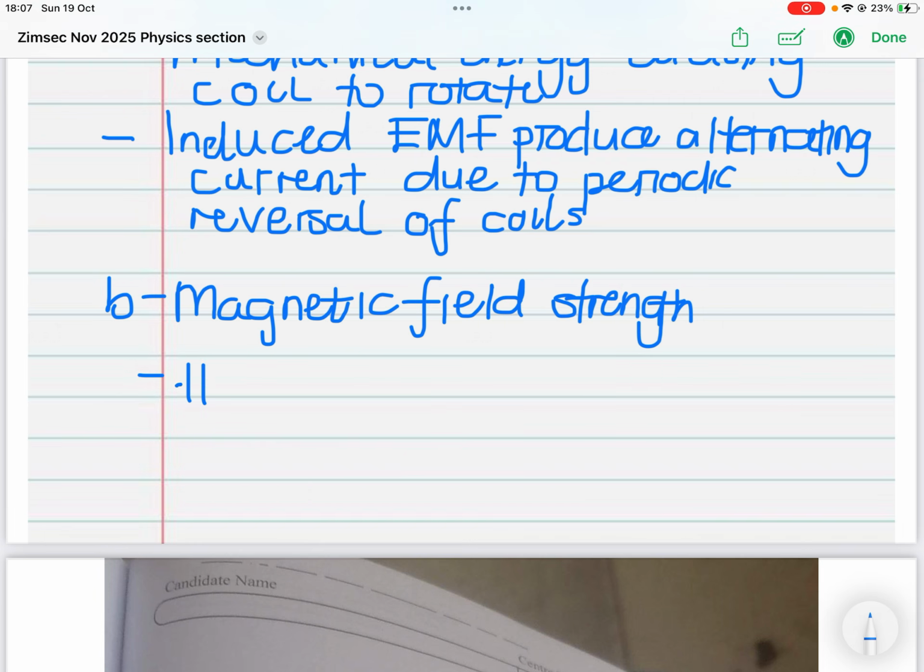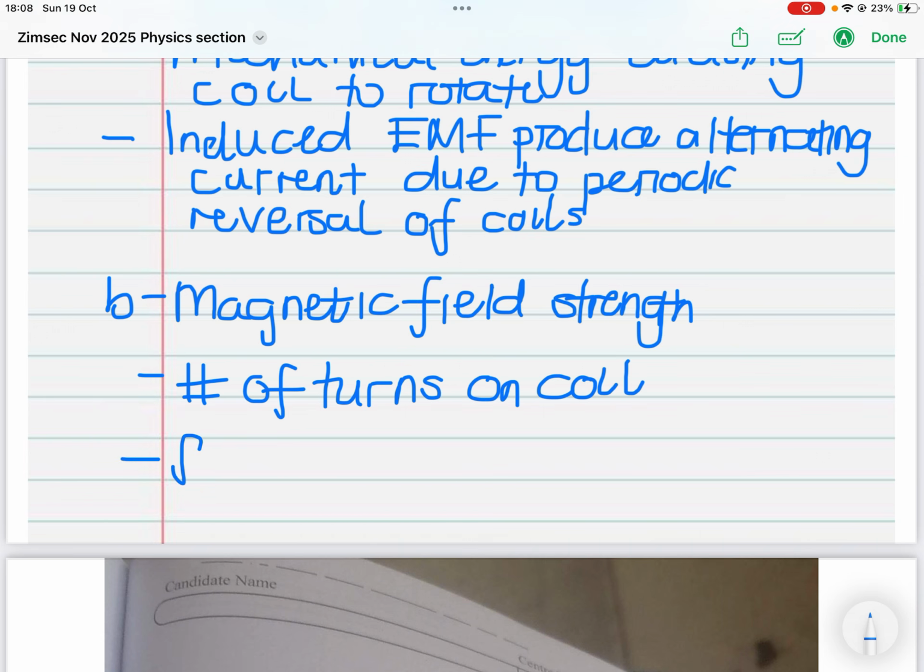And also we need to talk about the number of turns on the coil. Adding more turns to the coil is going to increase the induced voltage.